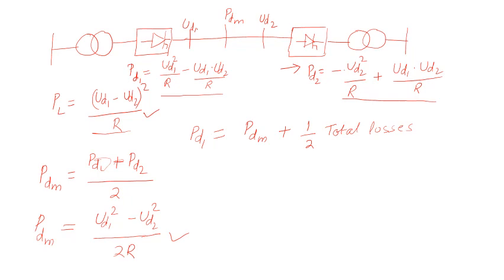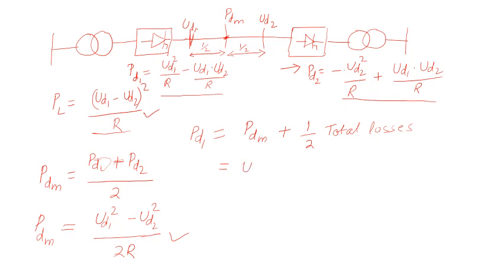This is the middle power, and there is some loss here. PL is the total loss from here to here, but what I am taking is half of PL. If you add this half of the loss to the power I have already calculated, we will get the power at this end.